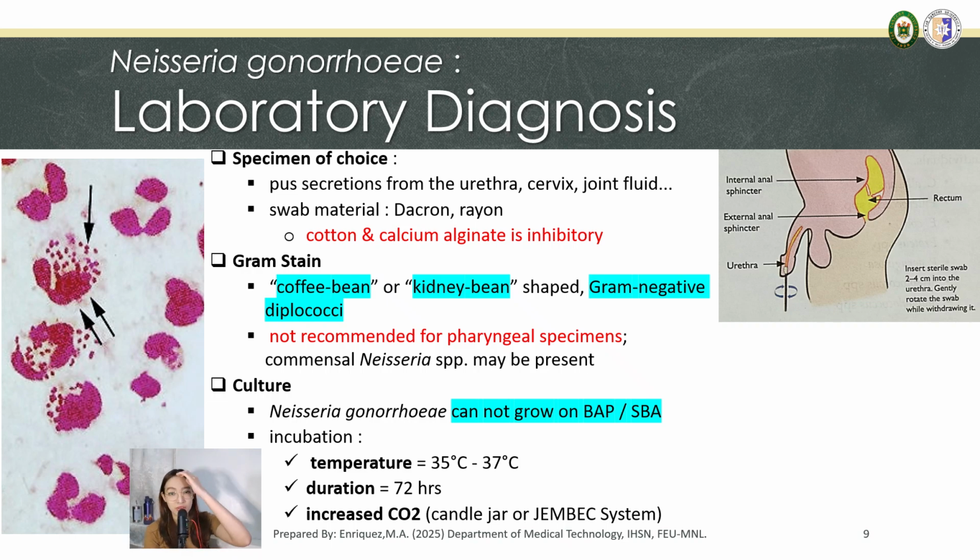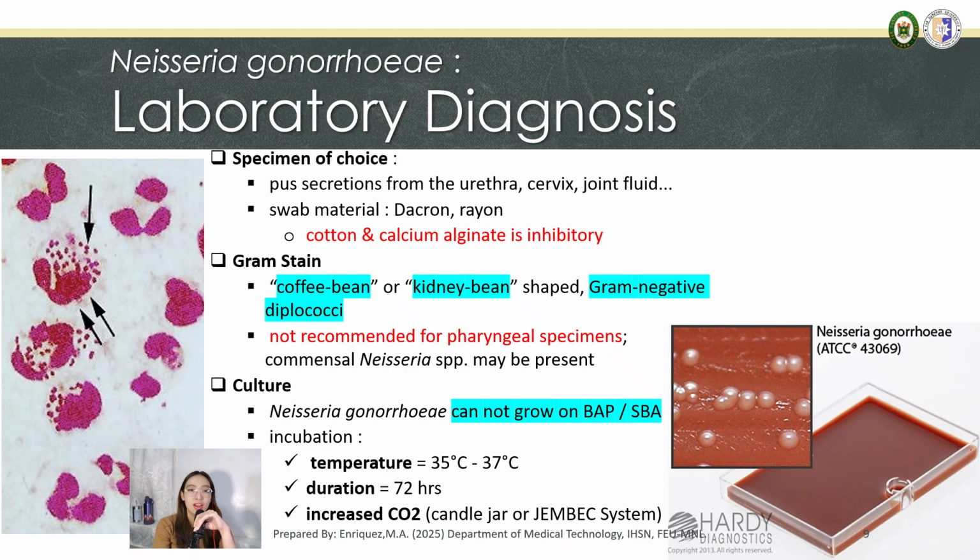Now, because Neisseria gonorrhoeae is extremely susceptible to drying and temperature changes, direct plating of the specimen to gonococcal selective media gives optimal results. So, shown here is the Gembex system. This system contains selective agar and carbon dioxide generating tablets.